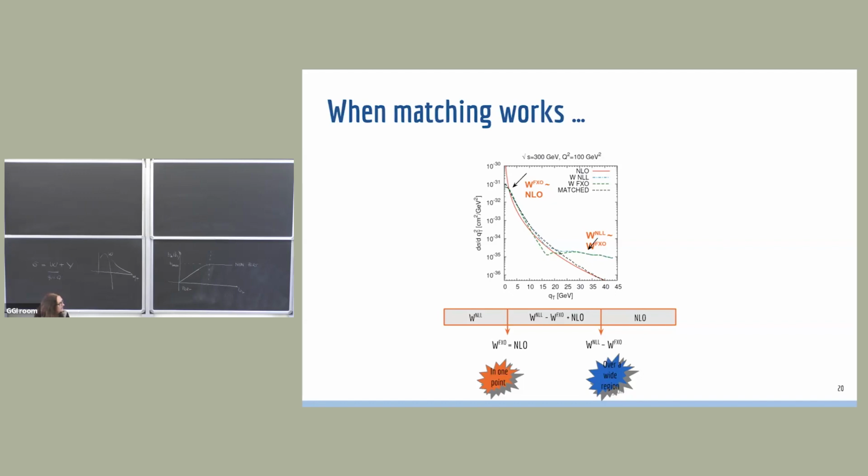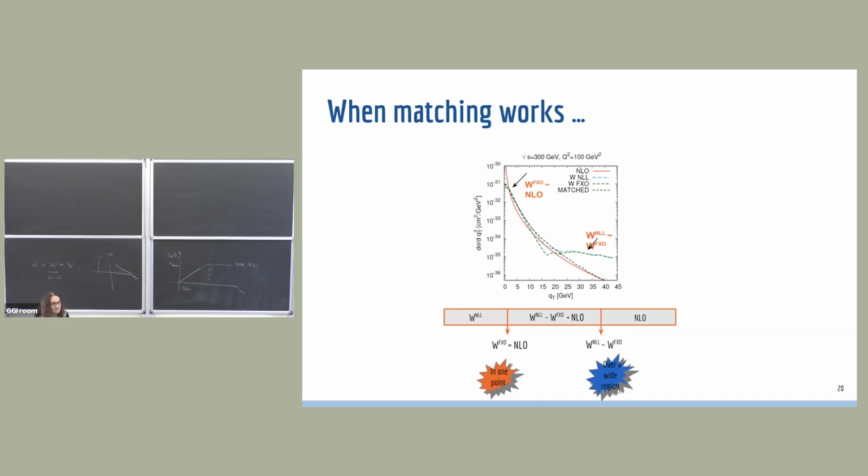So the green and the blue line here do coincide, their difference is 0. And as you see here, the red line, which is the next-to-leading order computation, is nicely matching, so you can perform a match. Okay, here the black line, which is the matched line, and the red line do coincide. Whereas as you move out towards smaller Qt, then W_NLL and W fixed order become very different.